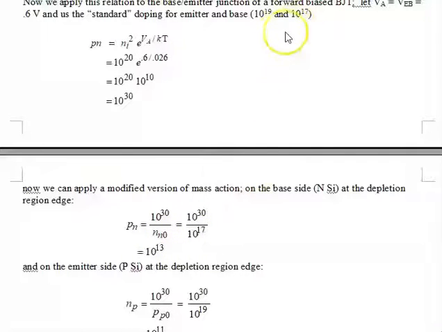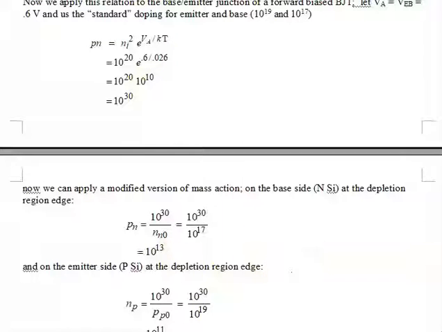So the majority carriers are electrons, the minority carriers are holes, and therefore we find the number of minority holes is the pn product divided by the number of equilibrium electrons on the base side, and we get 10 to the 13th. It was 10 to the 3rd, but we boosted by 10 to the 10th, so 10 to the 10th multiplied by 10 to the 3rd is 10 to the 13th.